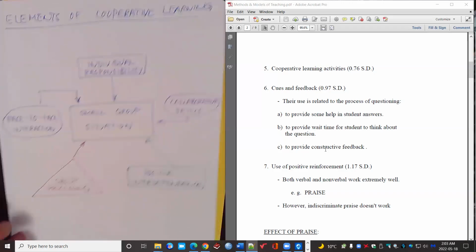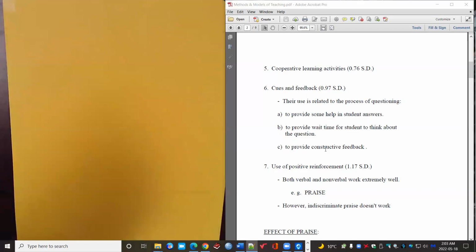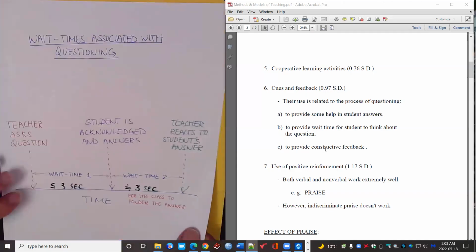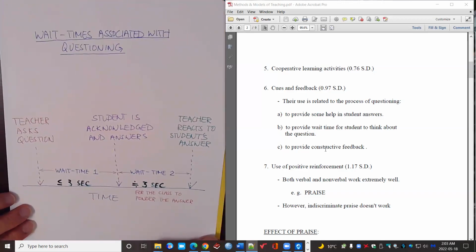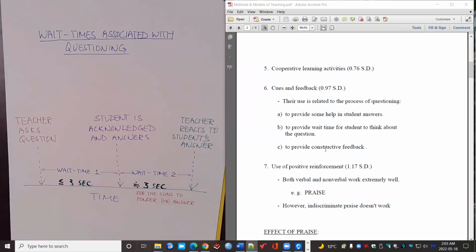All right, so let me show you another one. So see here, wait times associated with questioning. So the teacher asks a question, all right? The teacher should wait no more than 3 seconds.